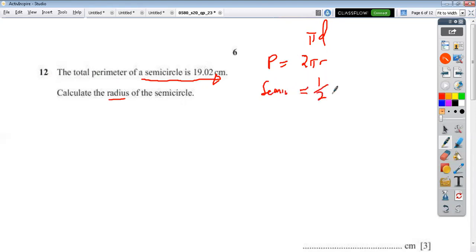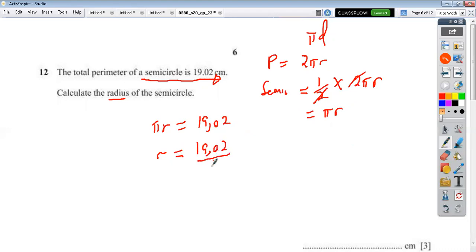So it's half multiplied by 2 pi r. What does that give me? This cancels. So this is simply pi r is equal to 19.02. What I want is r. So r is equal to 19.02 divided by pi. Find that from your calculator.